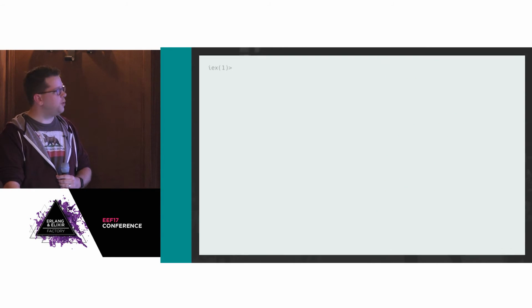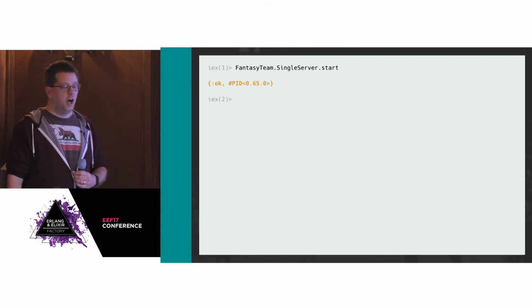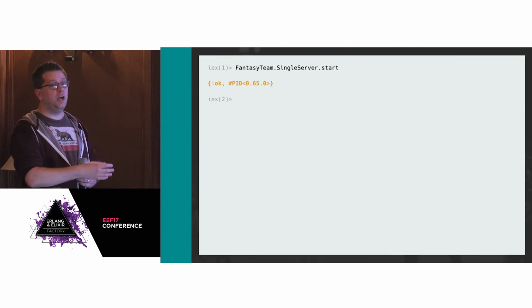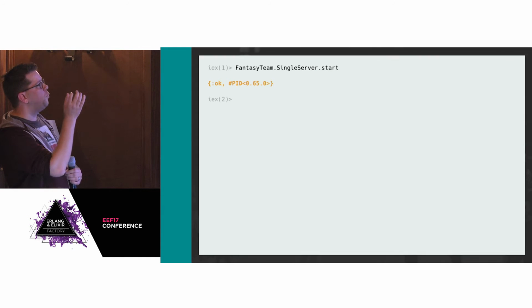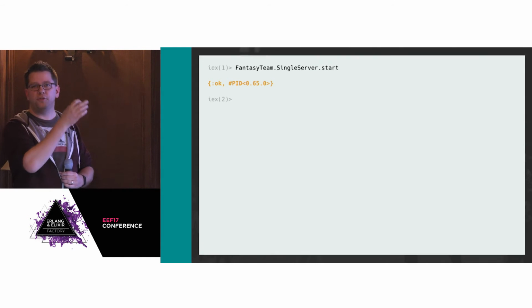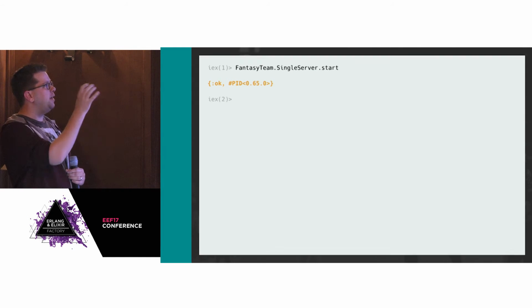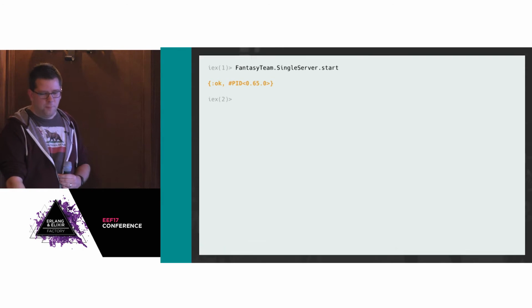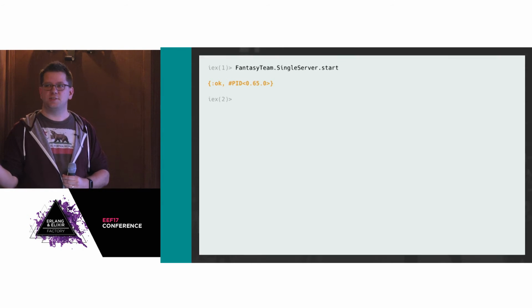So there we go. Let's go ahead and see what we've built in action here. We start up that GenServer, fantasyteam.singleserver.start. We see the process ID right there. With GenServers, rather than just the process ID, it returns a tuple that starts with OK and then the process ID. But we don't need to capture it because it has its own name.